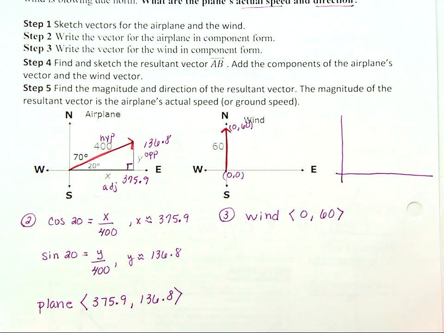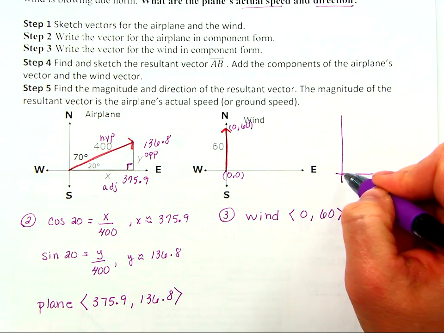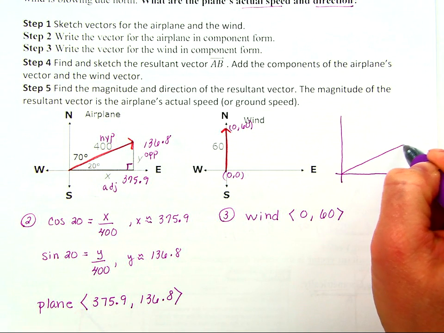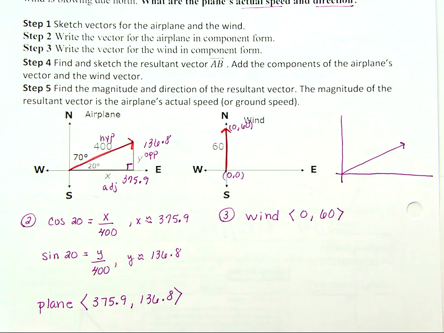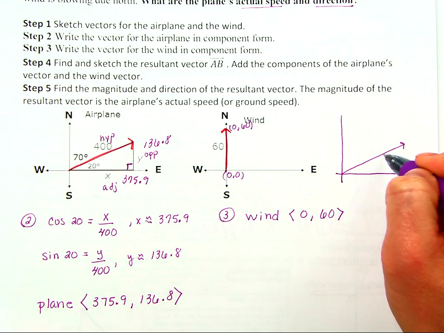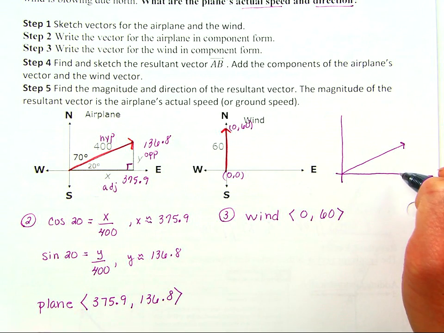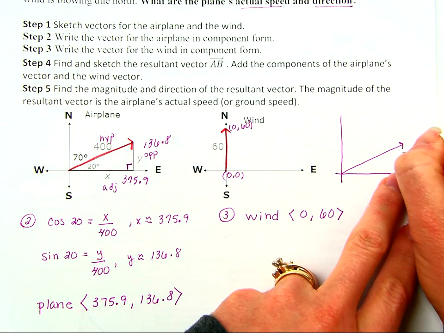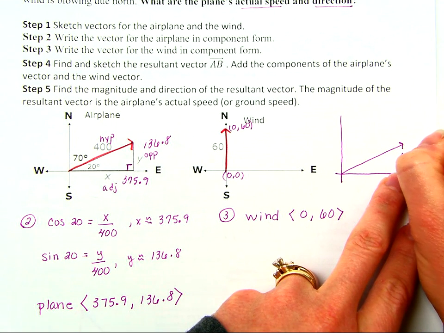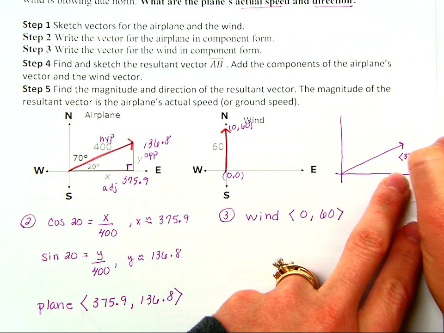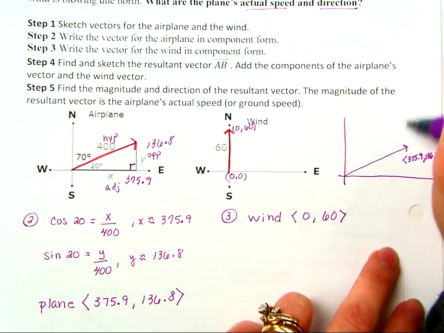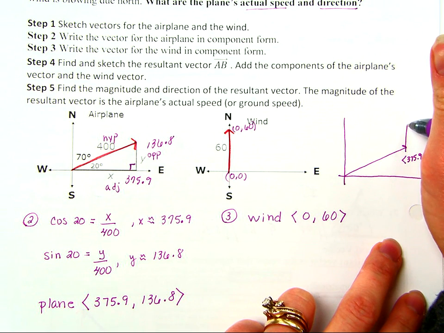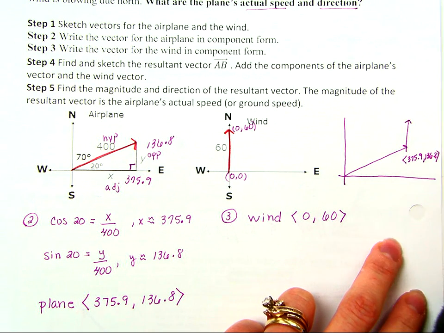If I had my 400 mile per hour airplane, and we know that this vector is 375.9, 136.8, and then I have a wind blowing at 60 miles per hour due north.